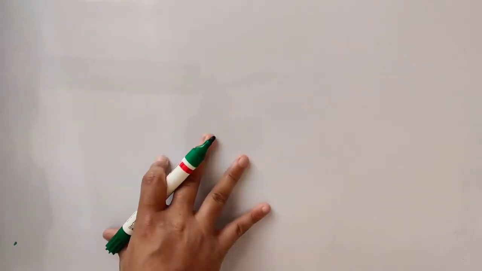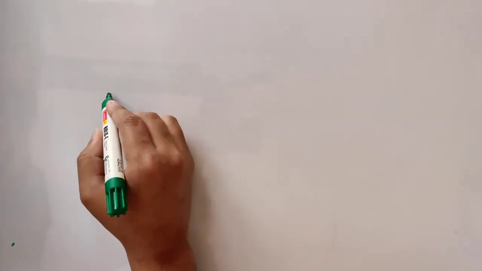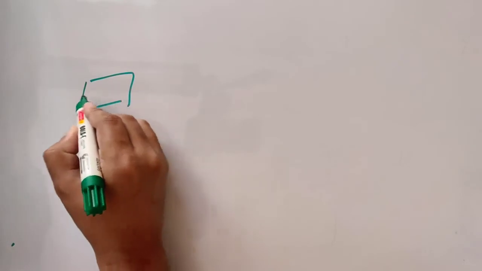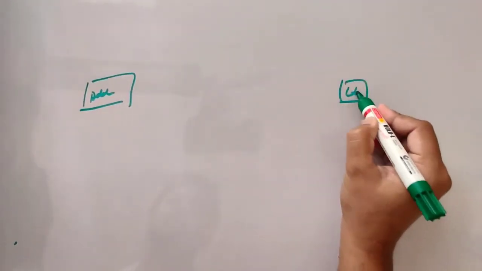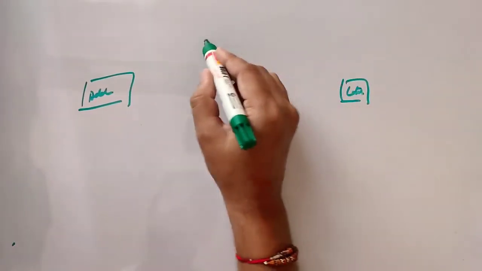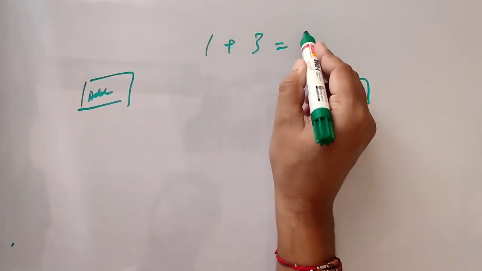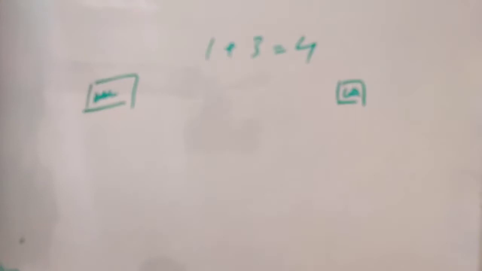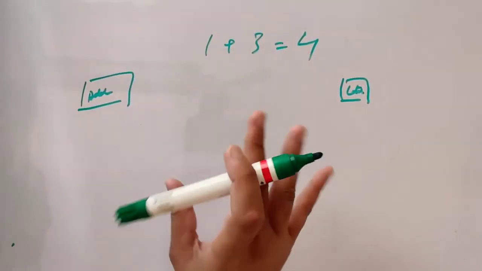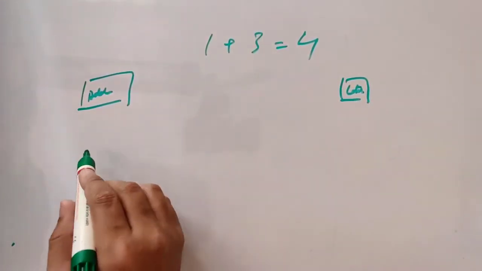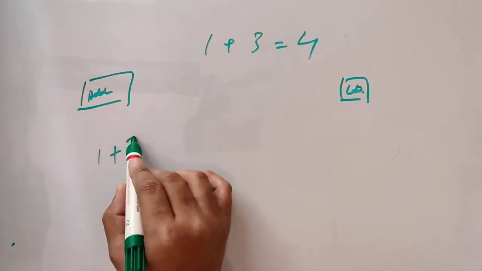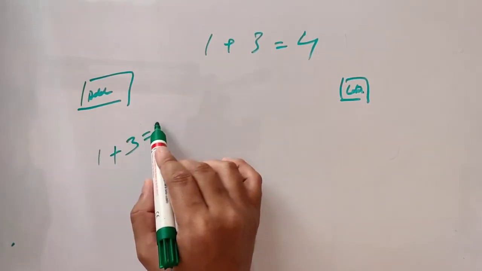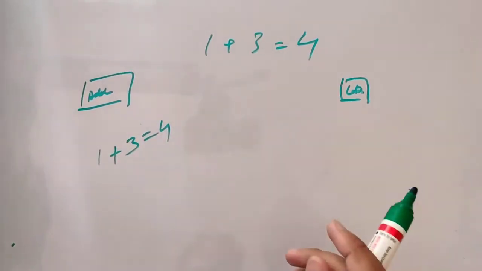So let's get started. What we want to achieve is to use an adder and a latch to do the operation 1 plus 3 equals 4. In a calculator, we press 1, then we press the addition sign, then we press 3, then we press equals, and the answer is 4.